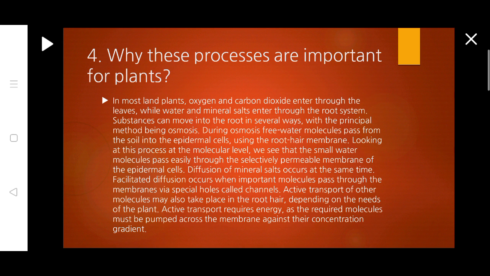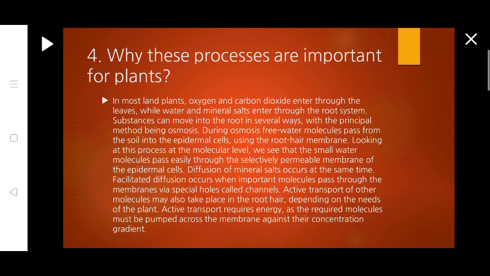During osmosis, free water molecules pass from the soil into the epidermal cells using the root hair membrane. Looking at this process at the molecular level, we see that the smaller water molecules pass easily through the selectively permeable membrane of the epidermal cells, which I will show you in the next slide.